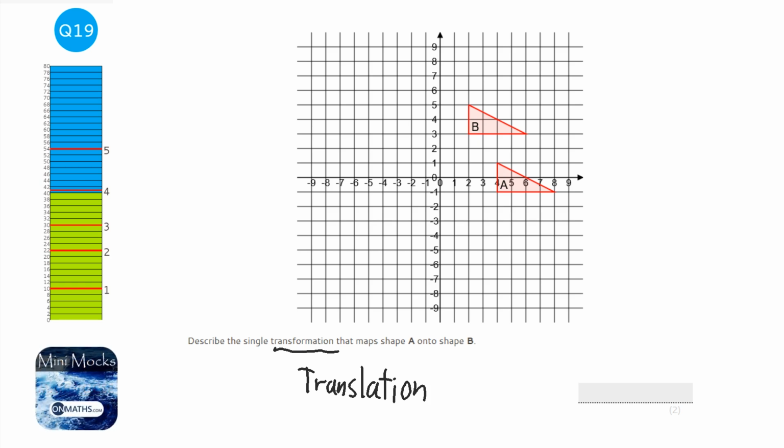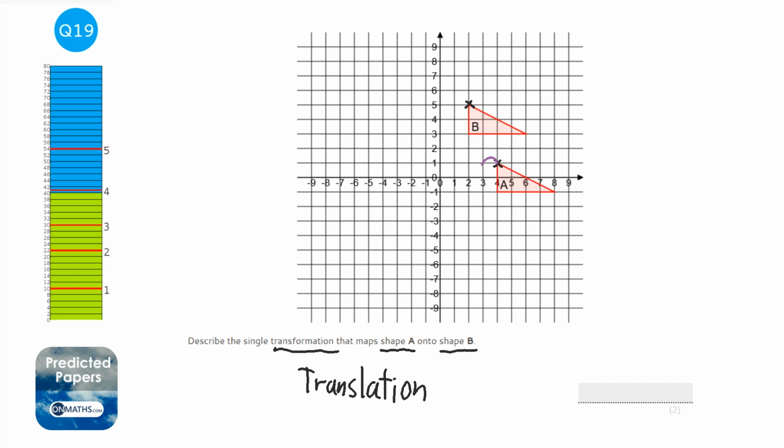Now, the second thing to realise is we are starting at shape A and we're going to shape B. Now, with translations, to describe them, pick the same point on both shapes. I always pick the top left if it's available. Then what we want to do is work out how far left or right I have to go from A to get in line with B. And I do this with jumps, and the reason we do this with jumps is I never get the wrong answer when I do jumps.